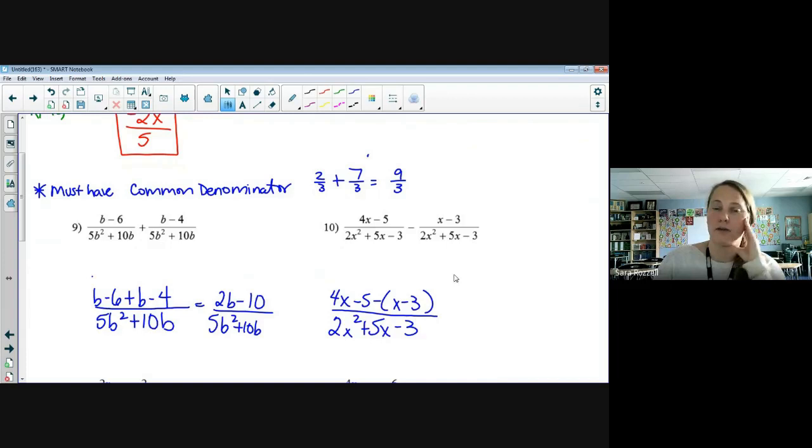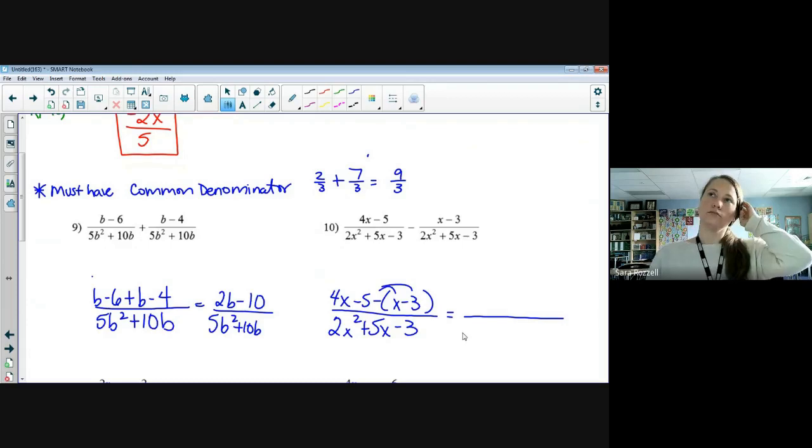That's where I see the most mistakes. And it's always an option for multiple choice for if people didn't go ahead and distribute this negative. So this is really negative x and a plus 3. So 4x minus x is 3x, and negative 5 plus 3 is negative 2.